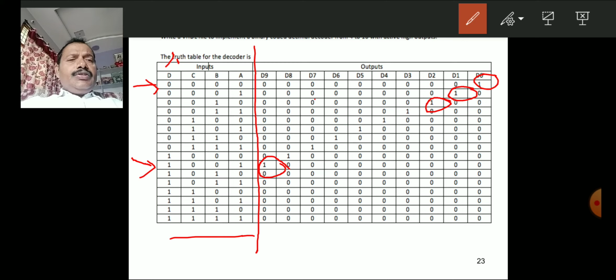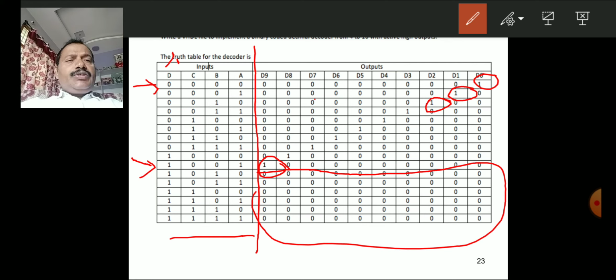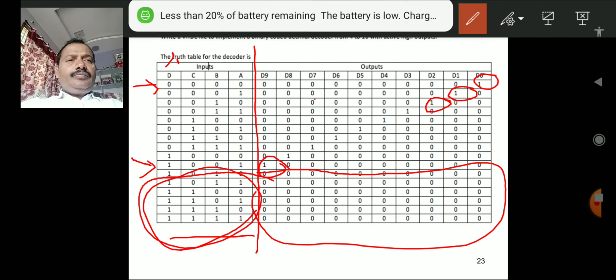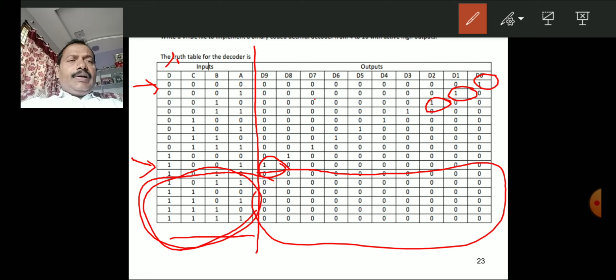These combinations are not available. They are don't care. This is the way of writing the truth table.